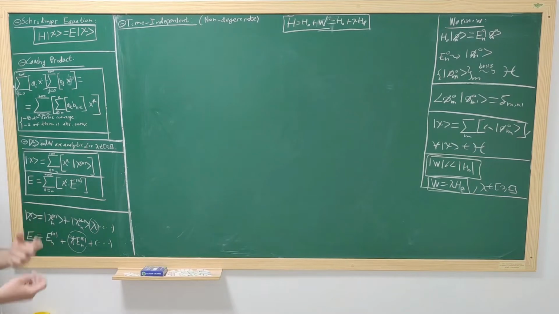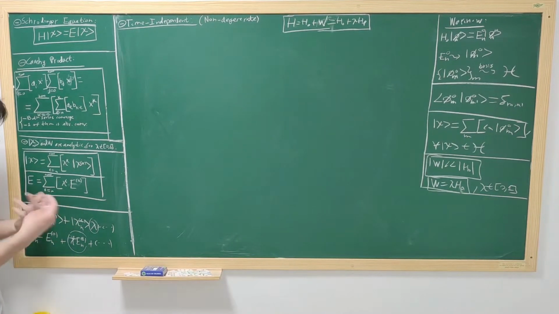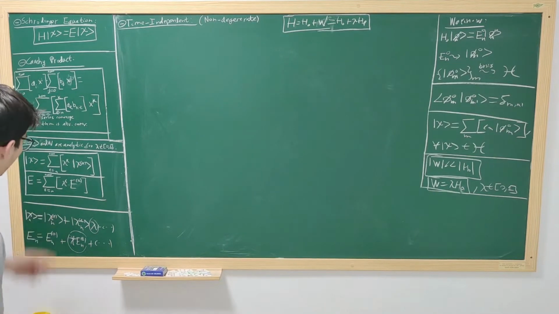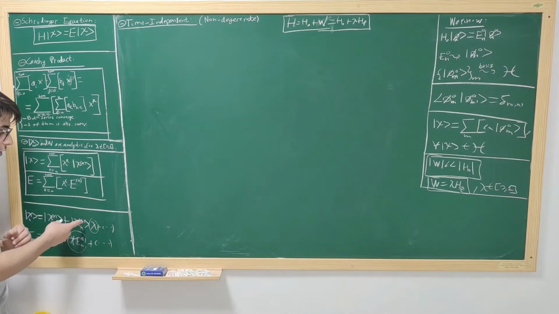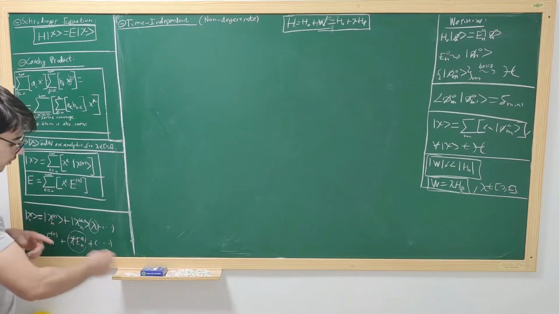We're going to be looking for solutions of this kind, and then the energy we're going to be assuming that it also has a power series expansion. If we expand it, we get that psi is just, okay, this zeroth term, careful, it's not psi raised to the zeroth power, it's just notation. The zeroth term, the term corresponding to lambda raised to the zeroth power, the term corresponding to lambda to the first power, and so on.